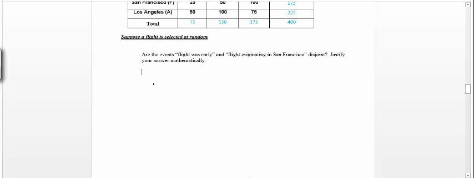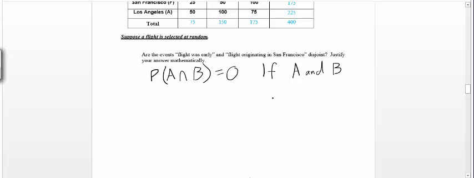If two events are disjoint, again, that means they can't occur at the same time. Therefore, if two events cannot happen at the same time, the probability that they both happen at the same time has to be 0. So here, A and B are just general events. I'm just kind of showing a formula. This is true if A and B are disjoint.